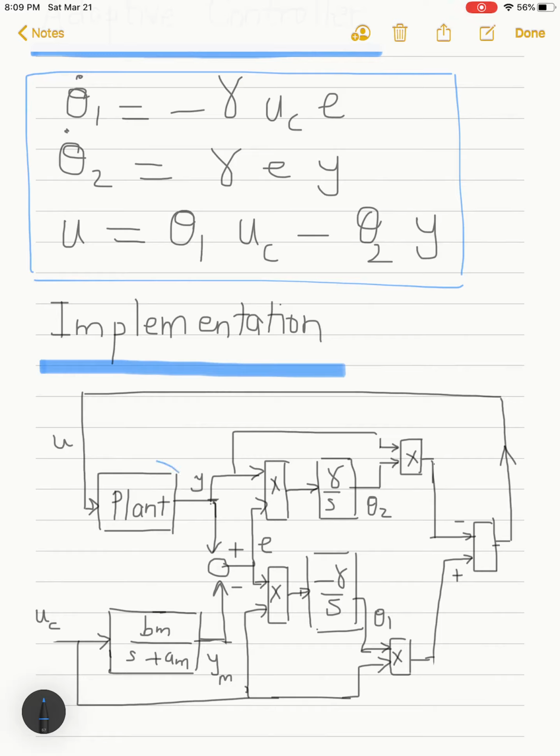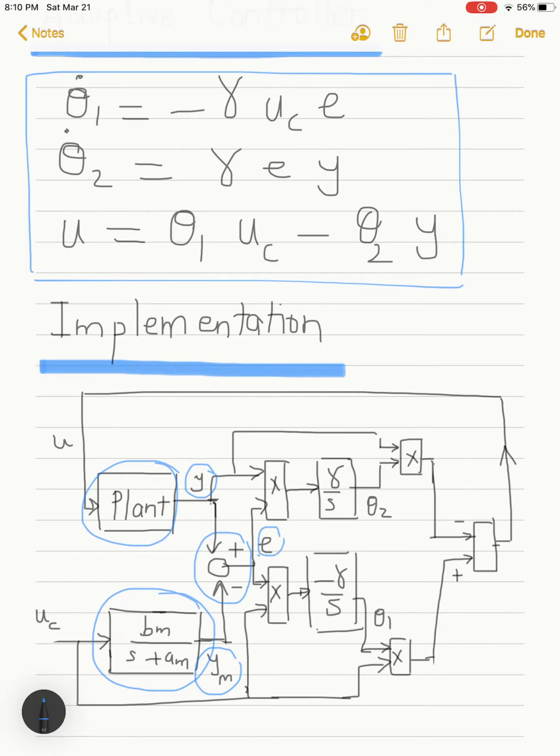Now we have a plant. That plant has an output y, and the reference model has output y_m. The difference between these two signals is the error signal.